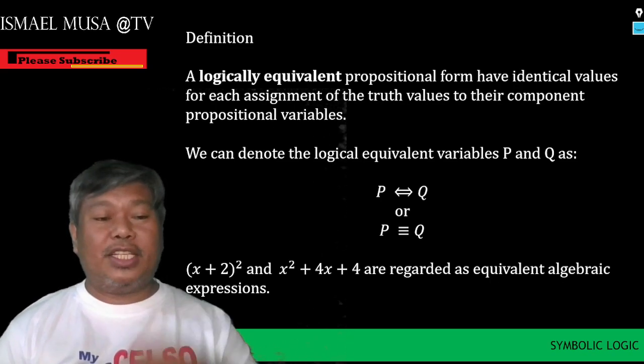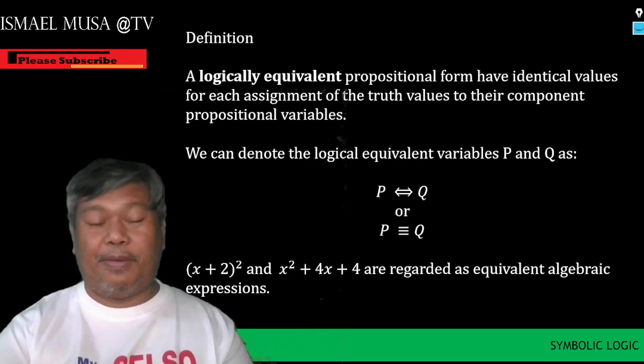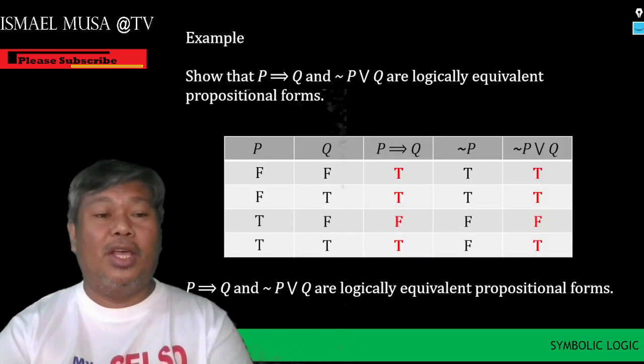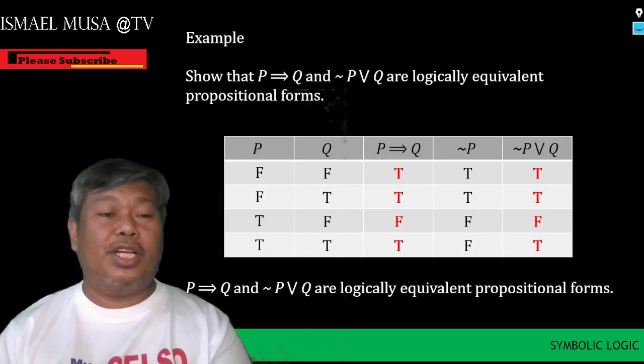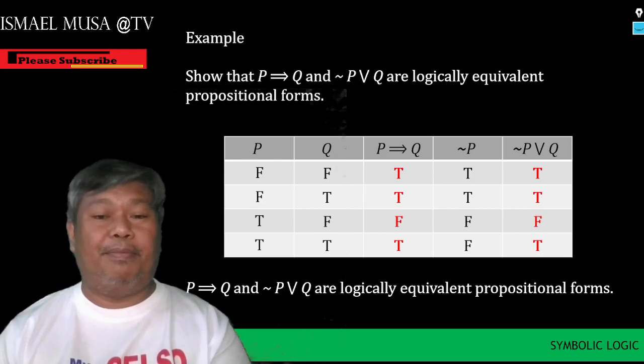Let's have the example. The square of x plus 2 and x squared plus 4x plus 4 are regarded as equivalent algebraic expressions. Show that P implies Q and not P or Q are logically equivalent forms. We can use a truth table to show the equivalence.